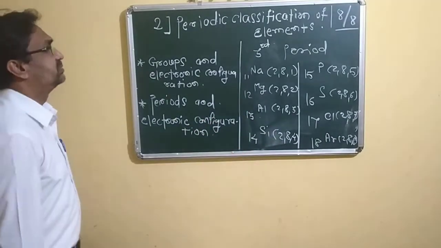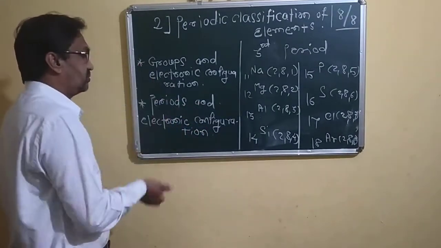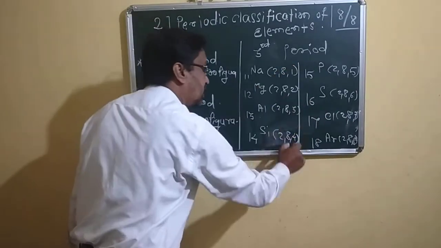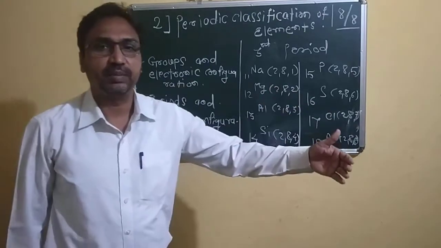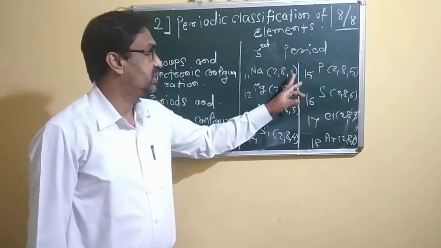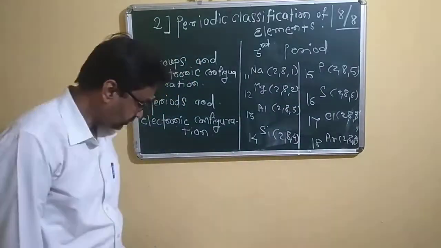So in this way we can find out that in the same period, the number of valence electrons increases by 1 from the previous element. Here is 1, here is 2, here is 3, 4, 5, 6, 7, 8.